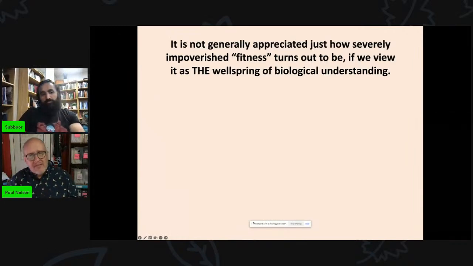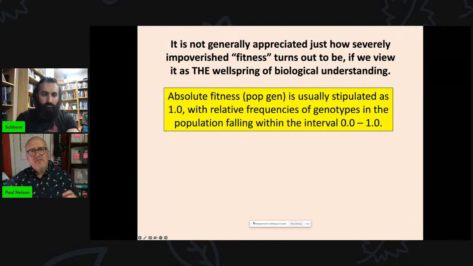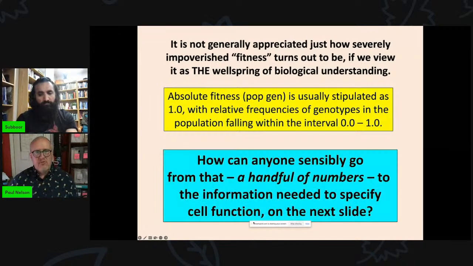Okay, I want to stress this point, going back to my opening slides. Don't borrow notions from evolutionary theory that are impoverished. Fitness is very impoverished. Again, it is a single numerical value. In population genetics, it's stipulated absolute fitness is 1. Relative frequencies of genotypes in a population then will fall within that interval of 0 to 1.